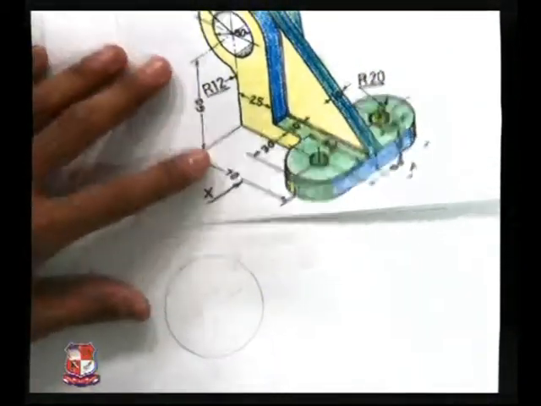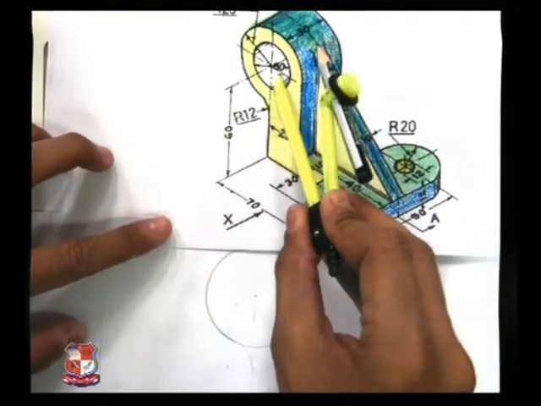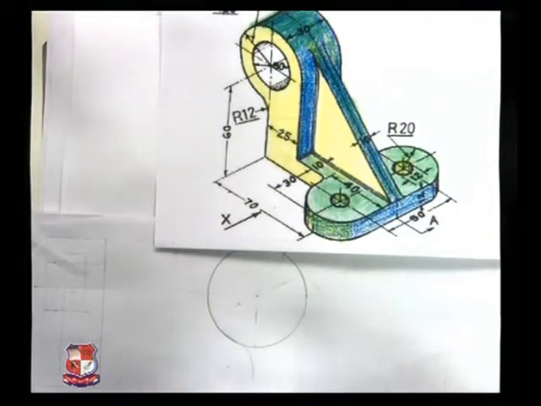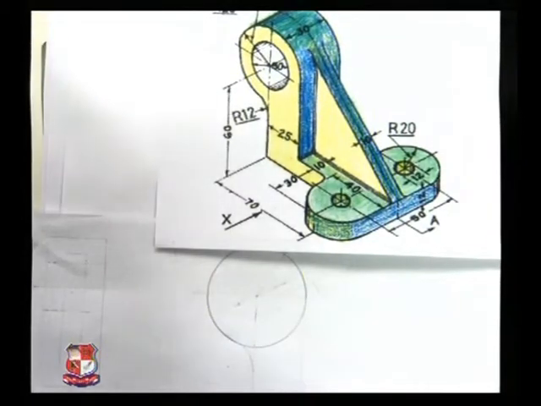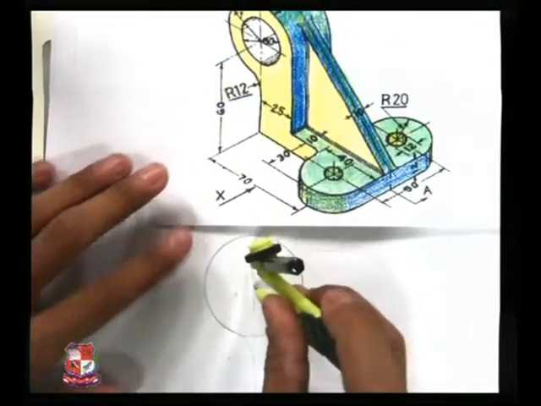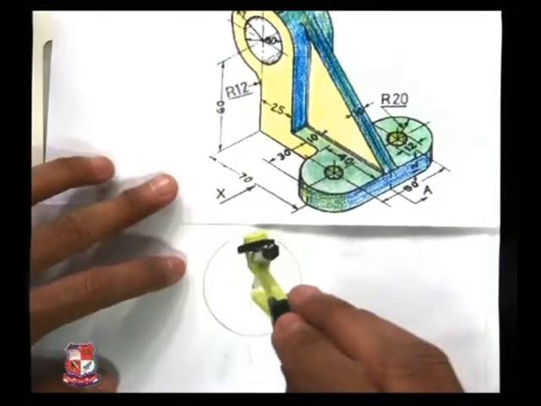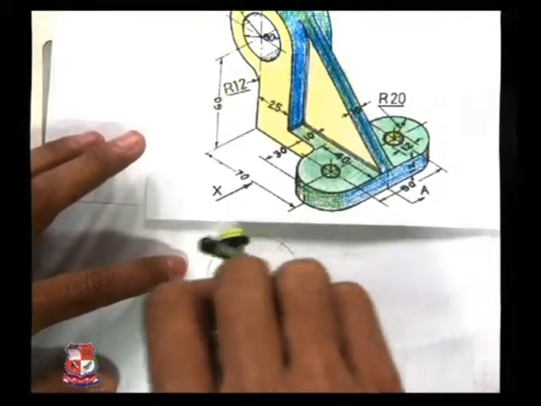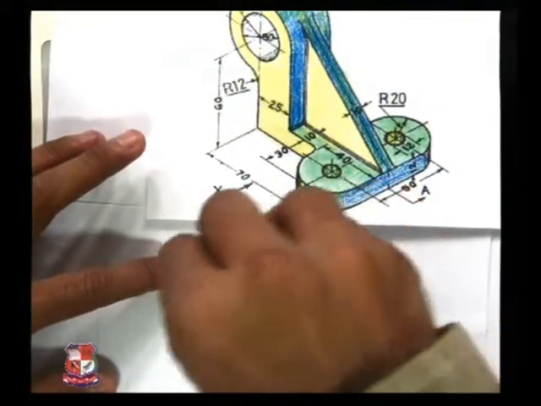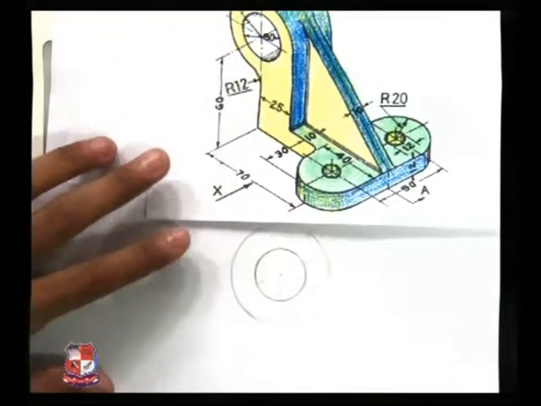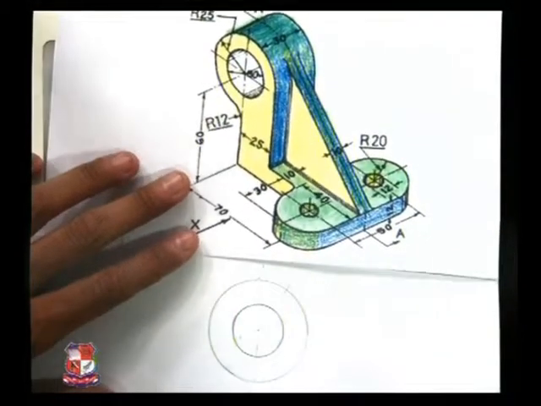And similarly, this inner circle, that is 30 is written, so 15 millimeter is the radius of that circle. So take 15 millimeter as radius and draw a circle with the same center like this. This is another circle which represents this hole which is drilled in that object.